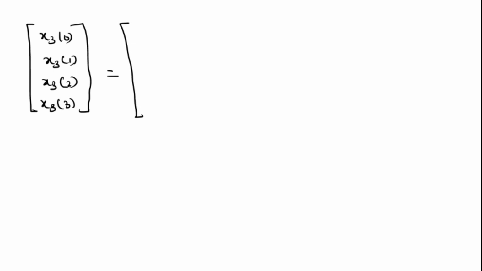First we have to write column wise. x2 of n, it is 1, 2, 3, 4. So next what we have discussed just now is we have to shift the signal to the second point. Like this we have to write, this will go to this position. That means 4 will come here, 1, 2, 3. So once again we have to shift the signal.